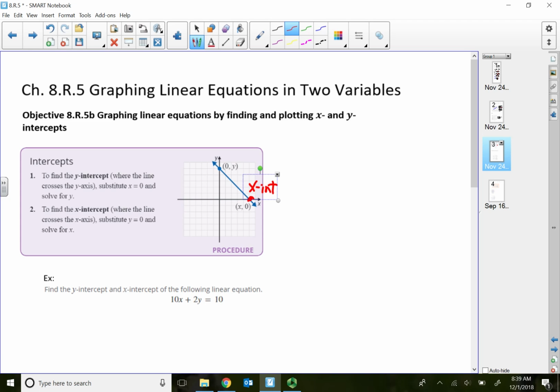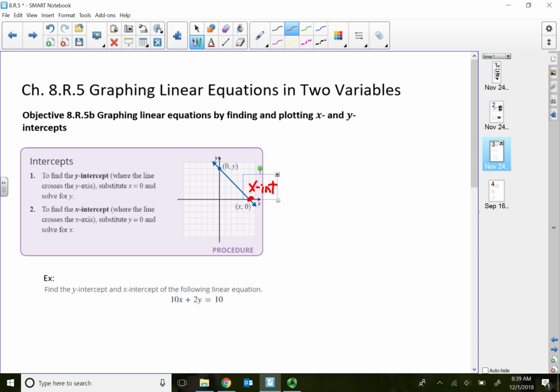So right now, if my line crosses over the x-axis, which we call the x-intercept, that means the y value is automatically 0. So that means our job is to find the x value. In the previous video, I was trying to pick 0 for x or y, and the reason I did that is because at the same time I can also find our x and y intercept.